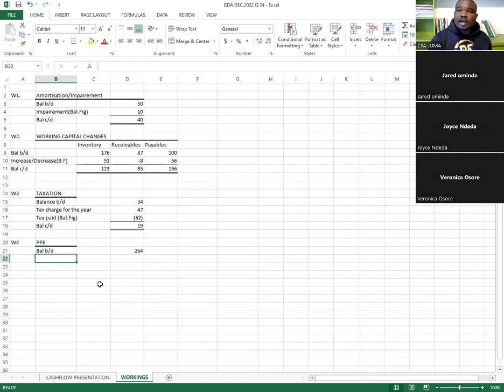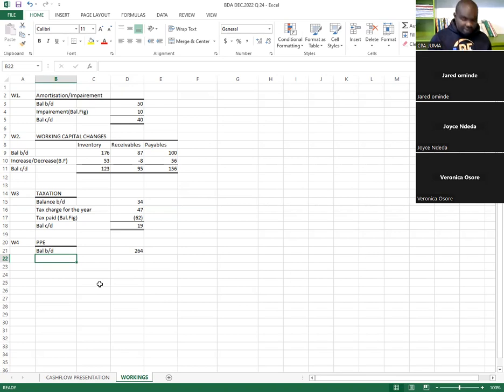Then in Note 1, additional information number 1, property, plant, and equipment held are items of plant and equipment and freehold premises. During the year, an item of plant and equipment which originally cost 40 was disposed of, resulting in a loss of 6 charged into admin, there is no problem. This item had a net book value of 28 million as at the date of disposal. So then it is okay.